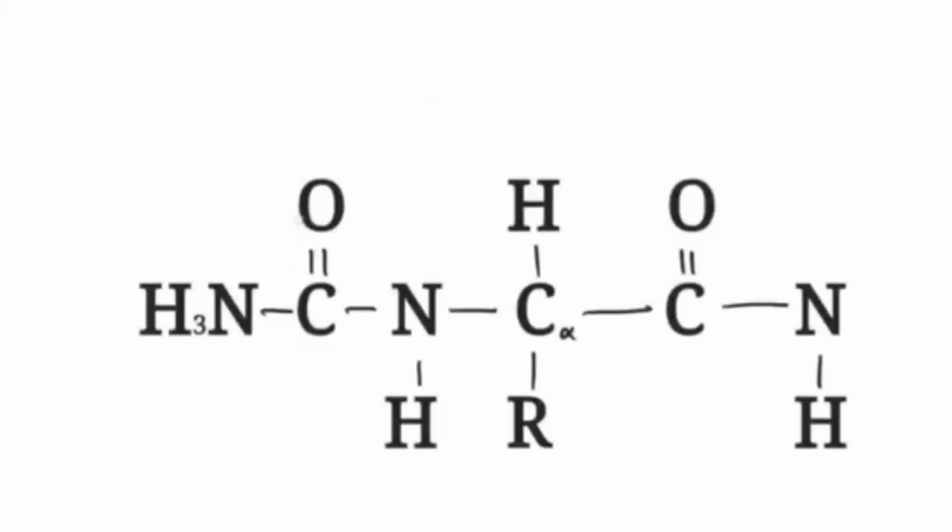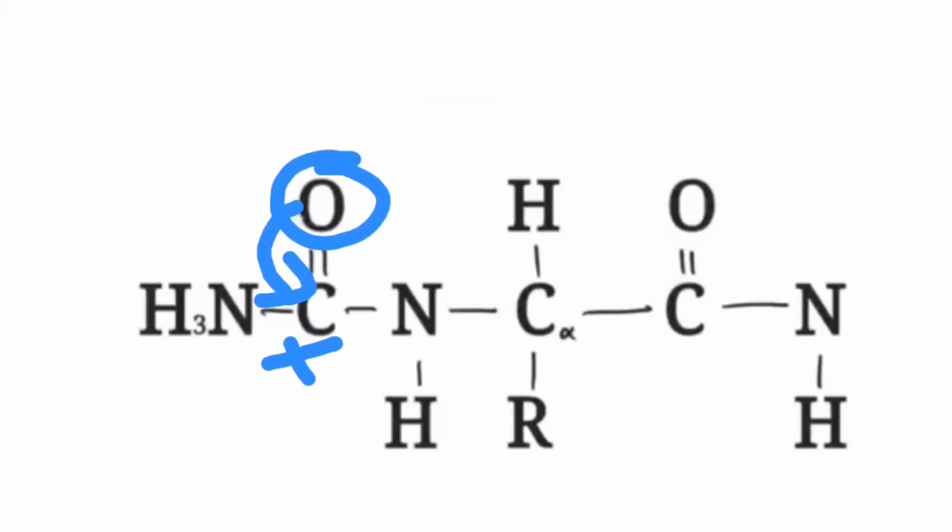In this case, the bond between the carbonyl carbon and the nitrogen has a partial double bond. How come? Here we have oxygen, and we know that oxygen is the most electronegative element. So this oxygen pulls the negative charge from the carbon, making the carbon positively charged.